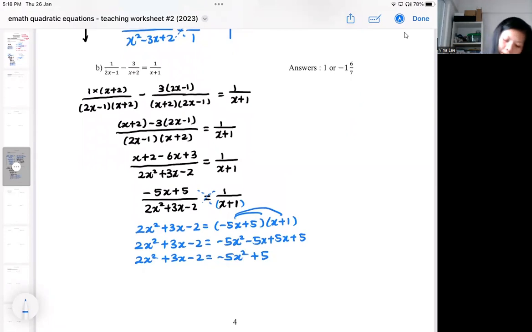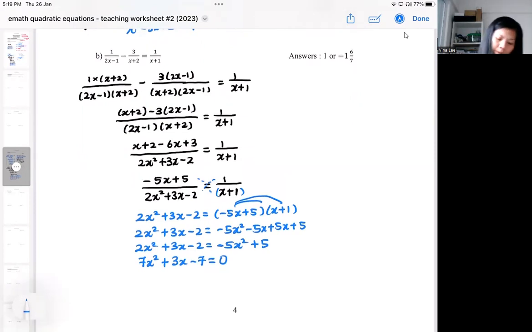And then everything you got to bring it over. So you bring the minus 5x squared over. You bring the plus 5 over until you get a 0. So eventually, you can get your ABC for the formula.